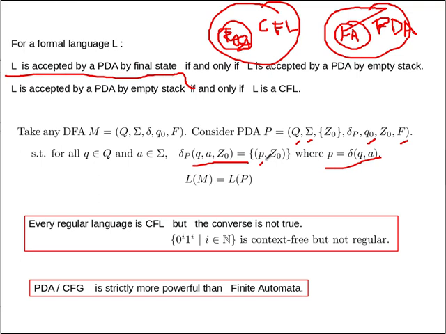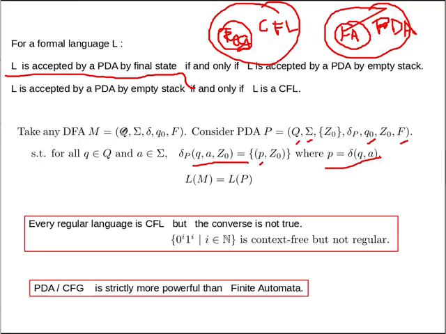So once you reach P which is in F, then you accept the string, the input symbols that you have already consumed. So the same thing happens here. So here it's very easy to see that a PDA with this final state acceptance criterion is just a generalization of this finite automata.